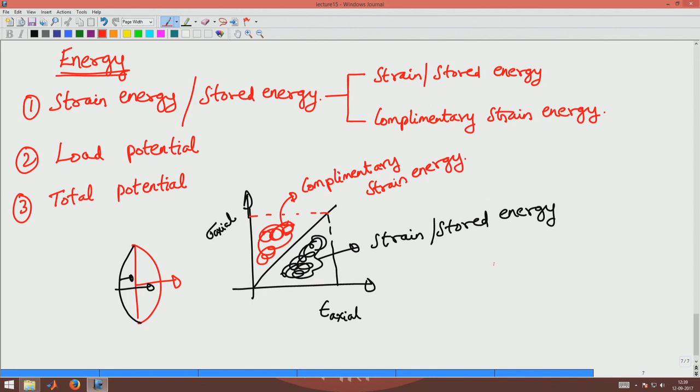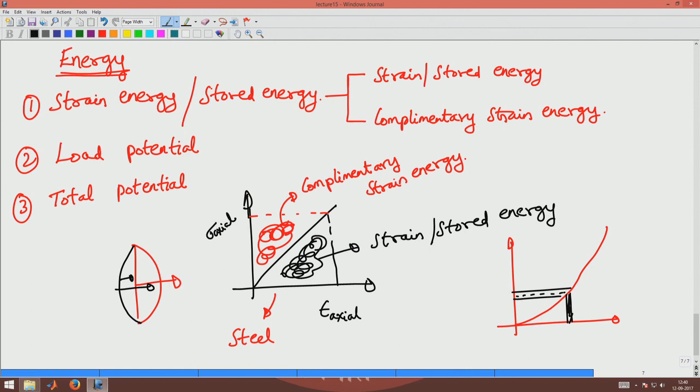So, on the other hand, this is for a material like steel. If I have a material like rubber, it will show some nonlinear response like that, and then there is a difference between whether I compute this part of the energy or whether I compute this part of the energy.